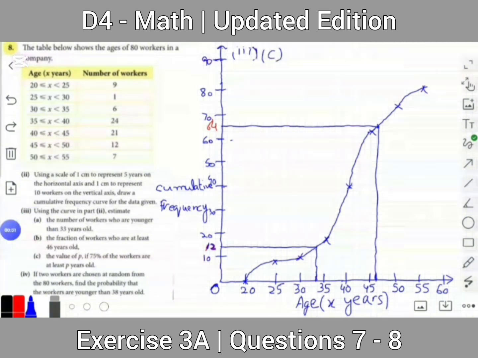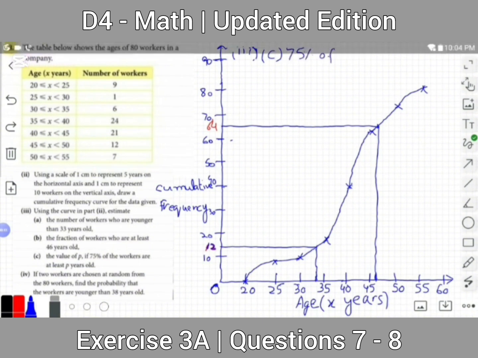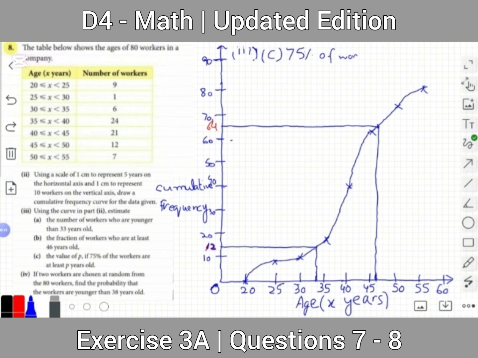Part 3c, we have to estimate the value of P if 75% of the workers are at least P years old. First, we have to find out what is meant by the 75% of workers. It is equals to 75 over 100 multiplied by the total number of workers, and that is 80. And after simplification, we will get 2 4s are 8, 2 5s are 10.